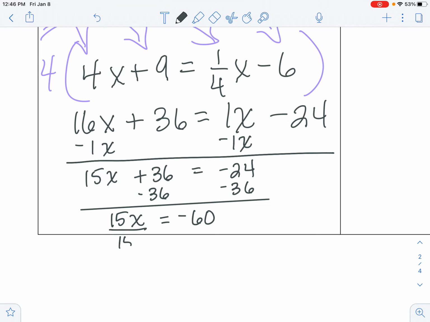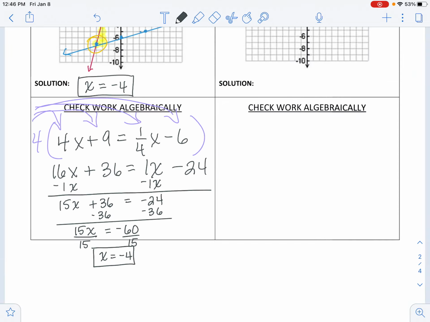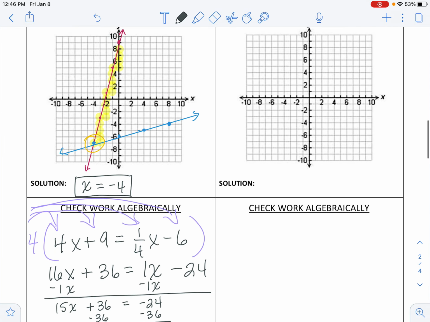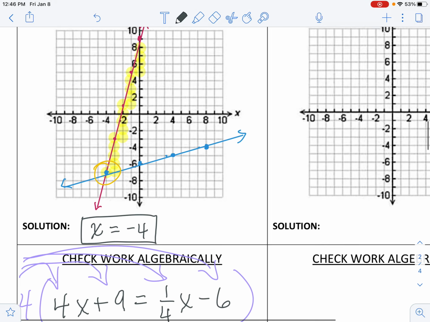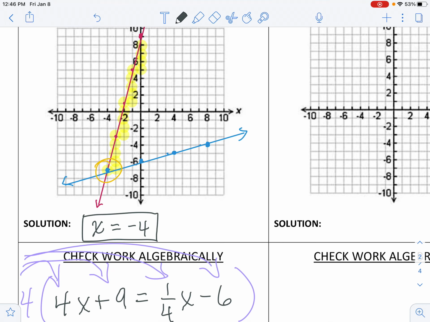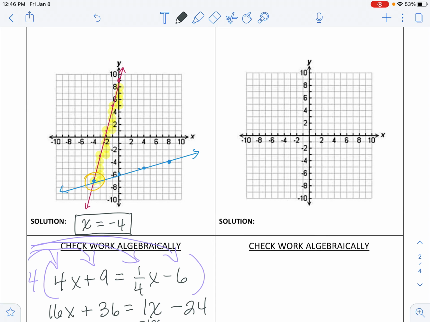And divide both sides by 15 to get x equals negative 4. So solving it algebraically, I get x equals negative 4. Solving it graphically, I get an intersection point with an x coordinate of negative 4. It's just another way to do it.